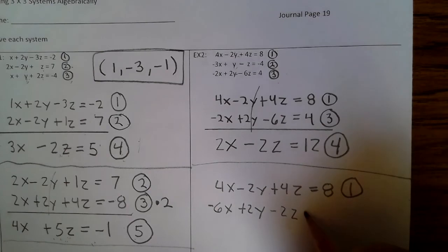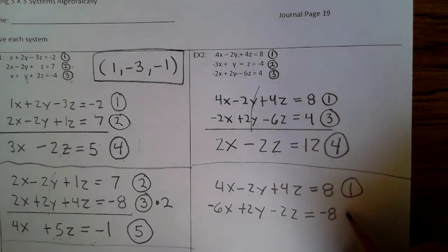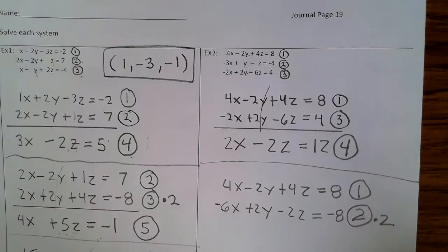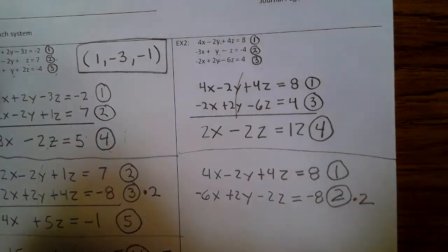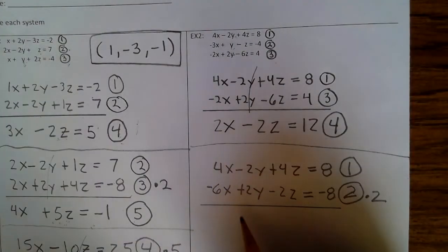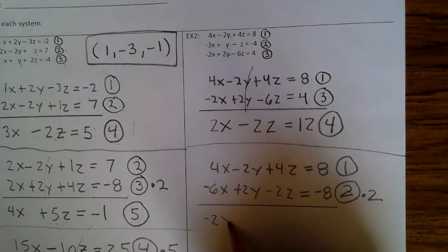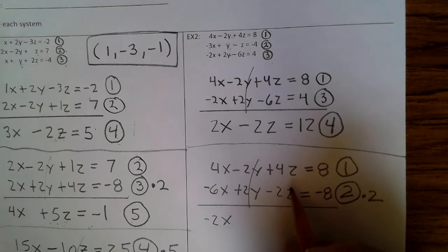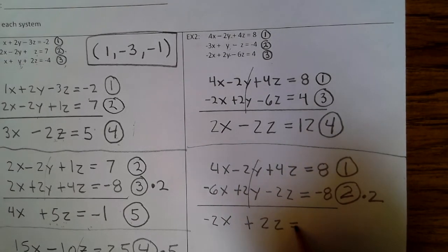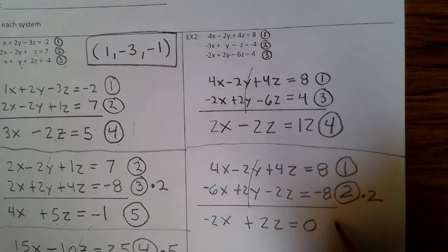And then 2 times negative 4 is negative 8. And that's equation 2 times 2. Well, 4x minus 6x is negative 2x. The y's cancel. 4z minus 2z is a plus 2z equals 8 minus 8 is 0. And this is equation 5.